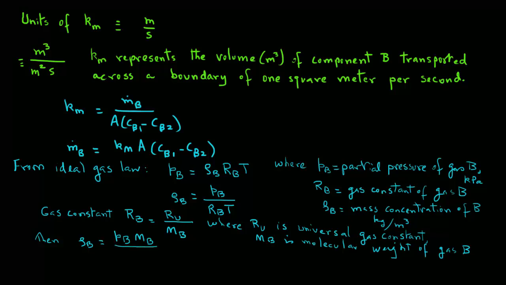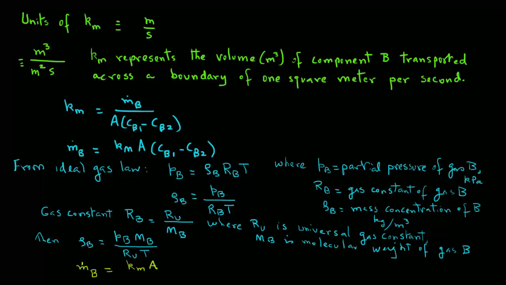Now note that rho B is the mass concentration of B, and earlier in our expression above we called the concentration as Cb1 and Cb2. So that's the same. The concentration is same as rho.